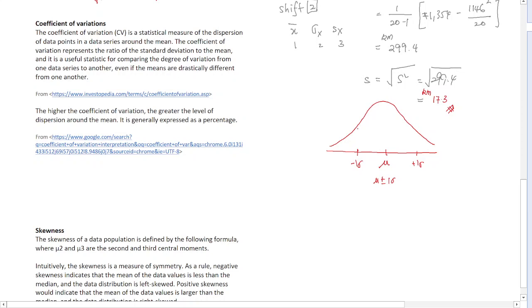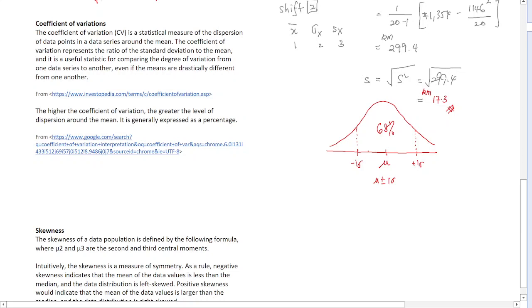Okay, so in this situation, this area comprises 68% of your data set. Okay, so that means if you have a smaller standard deviation, then the area here will be much smaller. Okay, the area will be much smaller, but the amount of data set residing in that particular area must still be the same, that is 68%.